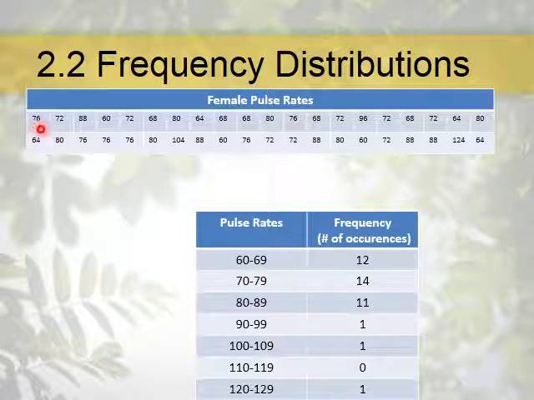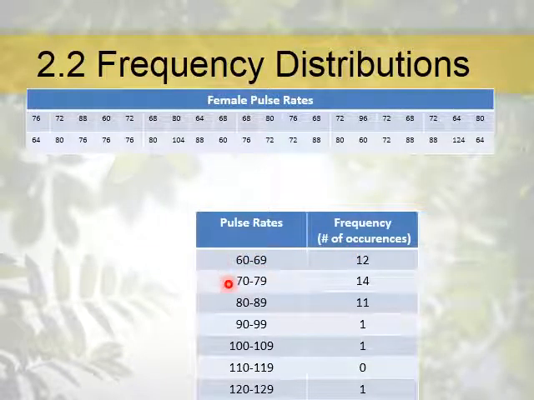So I would look in my data set and find anybody who had a pulse rate between 60 and 69, and count those up. Between 60 and 69, of course, I have this one, 68, 64, 68, 68, 68, 68, 64, etc. I should have 12 of them up there. So I'm just counting up all the ones that are between 60 and 69.